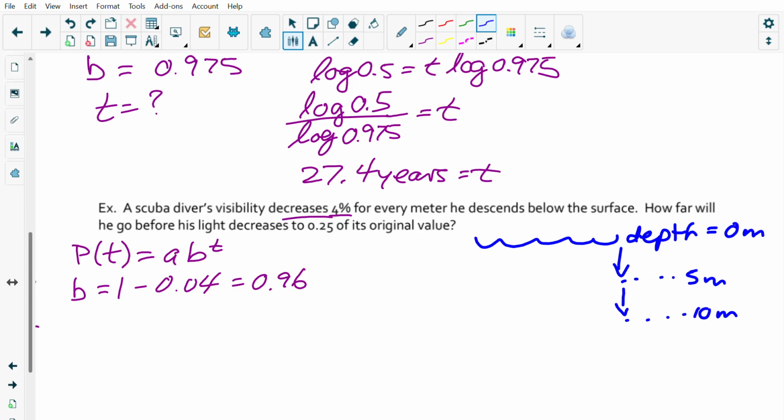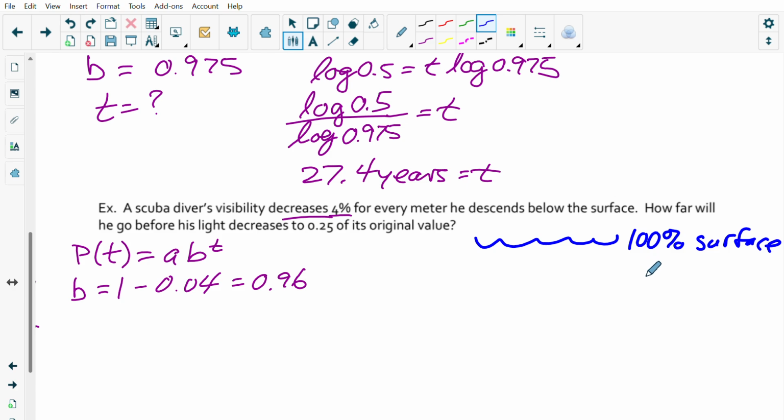So we're going down, getting deeper, and the numbers are going up, right? So I like to think of it this way. We have 100% visibility at the surface. I'll just say that is equal to 1.0. Use that as your reference amount at the surface.